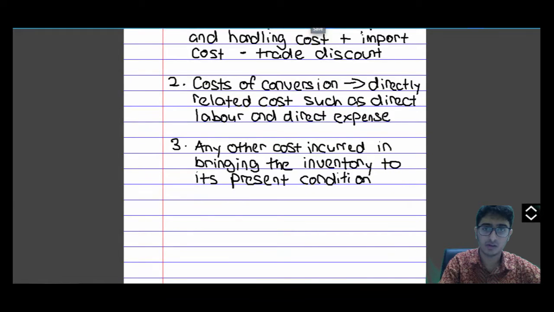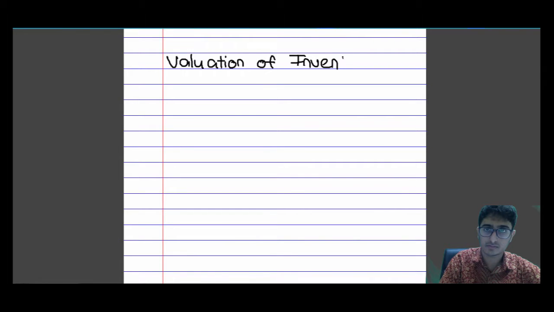Okay, now, how do we value inventory? IAS 2 tells us to value inventory at the lower of two things.